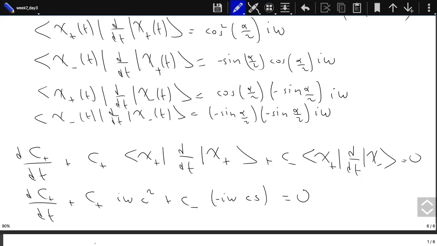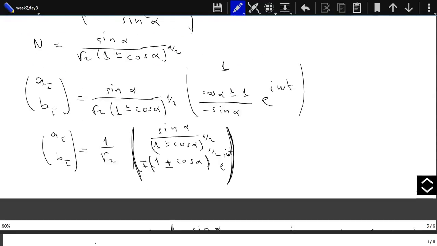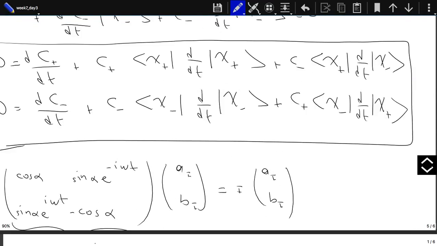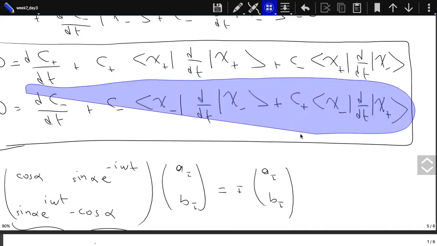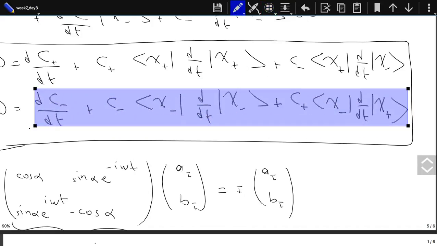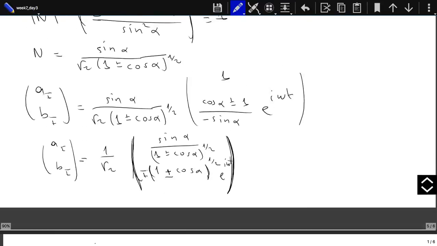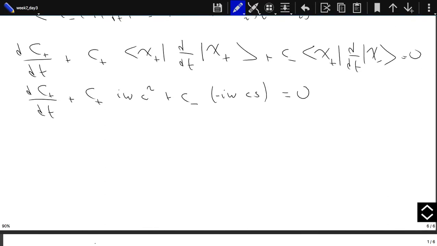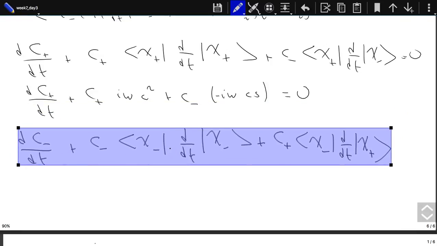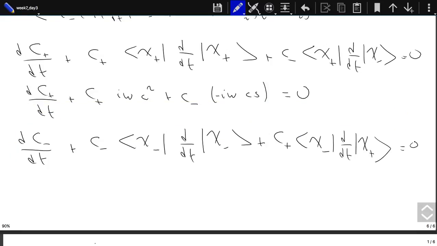Alpha is constant. Alpha is the angle that the magnetic field makes with the z-axis. Then the equation for C minus.